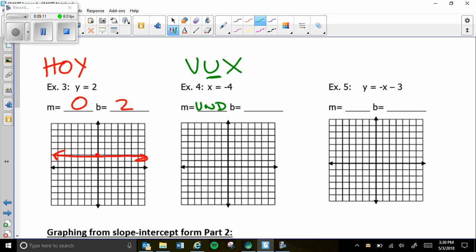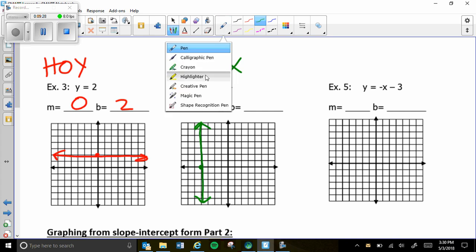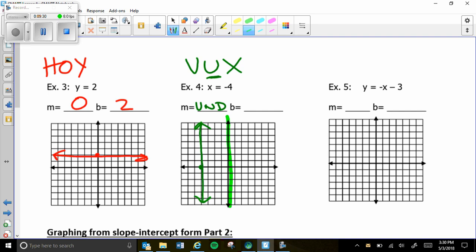So if I plot a point at -4, 1, 2, 3, 4, again I have a vertical line. Will this line ever touch the y-axis? No, it's going up and down. It will never touch this y-axis.